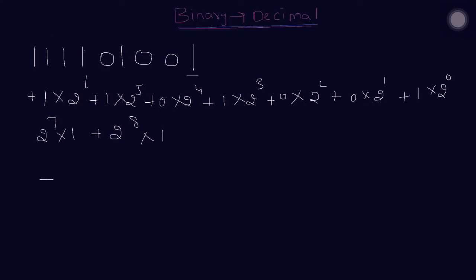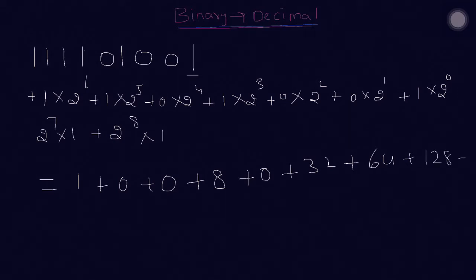Adding up, that is 1 plus 0 plus 0 plus 8 plus 0 plus 32 plus 64 plus 128 plus 256. We got the answer 489. This is the method to convert from binary to decimal.